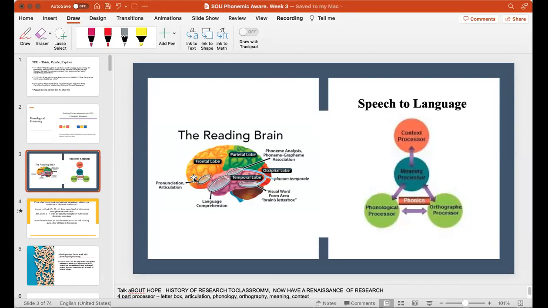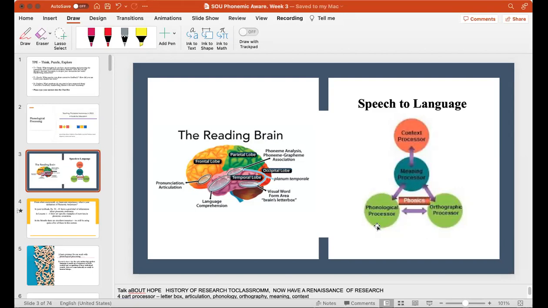So that's why we want to know if our students know the letters. That's why we teach them how they articulate the sounds. That's why we want to always be sure that they understand the meanings of the words we're working with. Another way of thinking of this is that we have different processors. Imagine those areas in the brain are different workers.